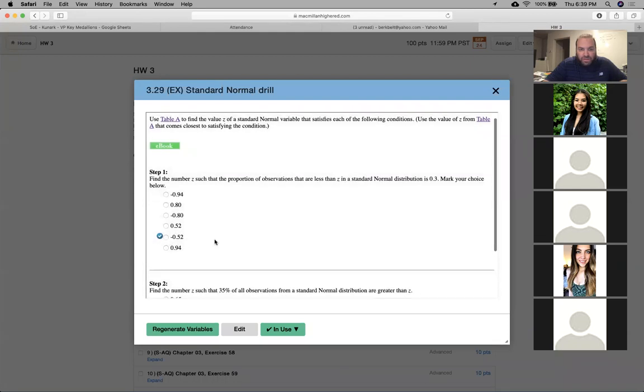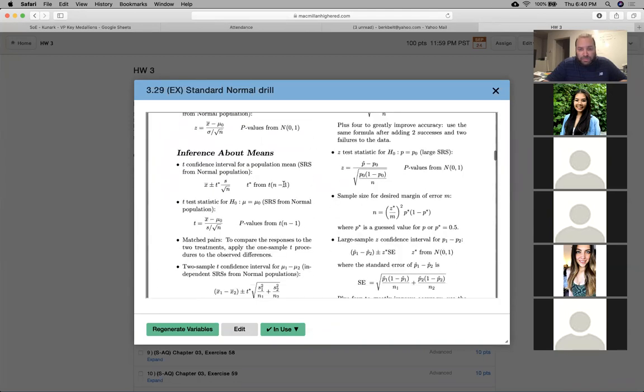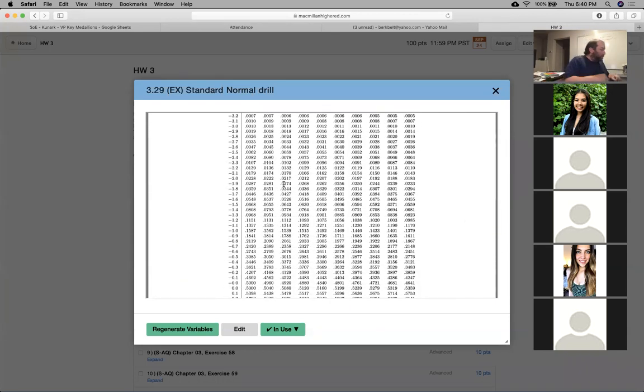Find the number z such that 35% of observations are greater than z. Well, if 35% are greater than z, then what percent is less than z? 65%, right?